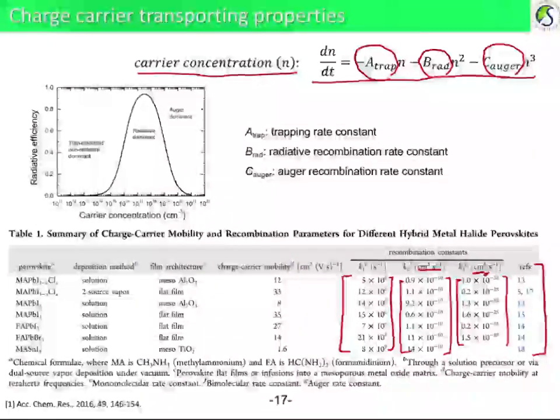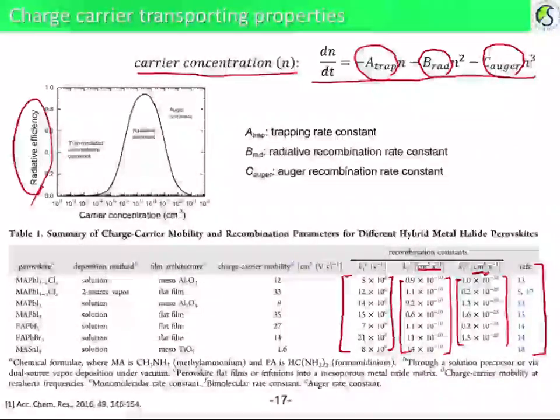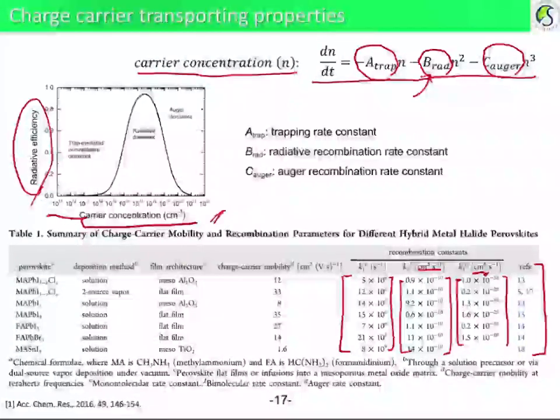So we can calculate the tentative radiative efficiency of the perovskite film by using these constants, because only the B radiative recombination will contribute to the radiative property of the film.